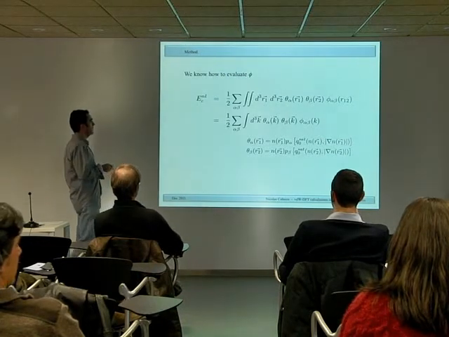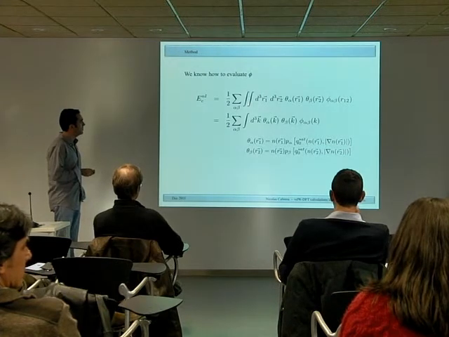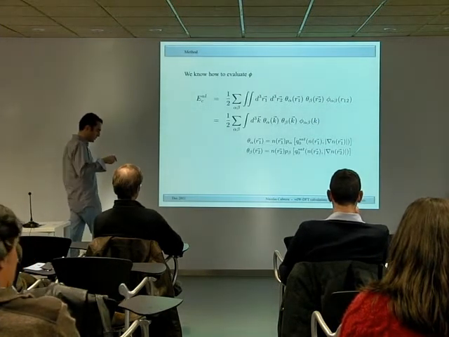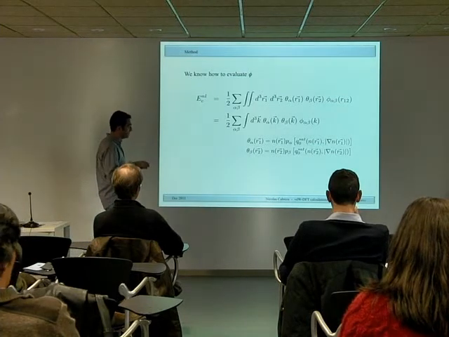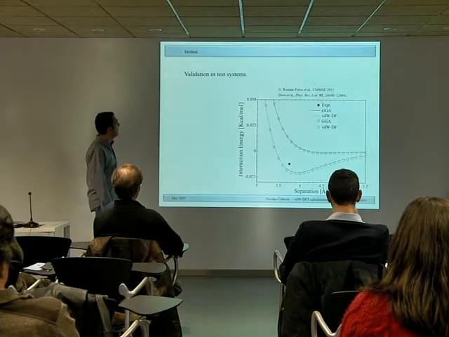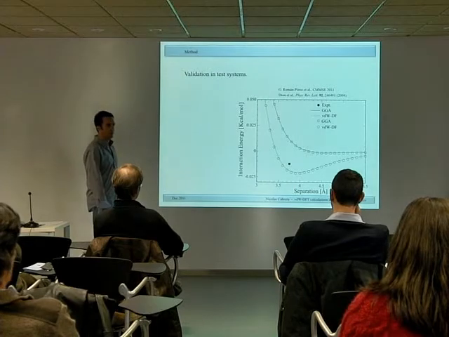Once we are here, we can use the convolution and pass from a double integral to a single integral, and the computational cost is that of the fast Fourier transform. So coming back to the test system, we see that our results are exactly equal to the results you get with the direct evaluation of the double integral.